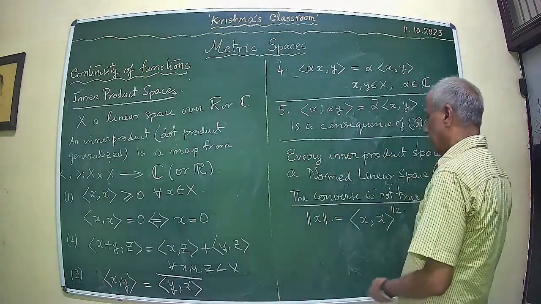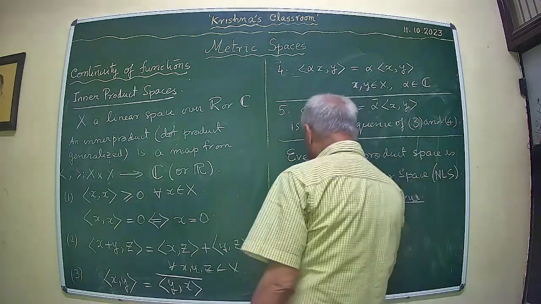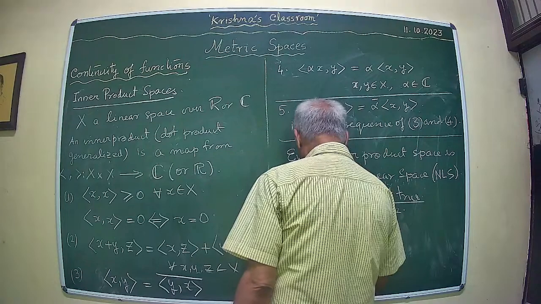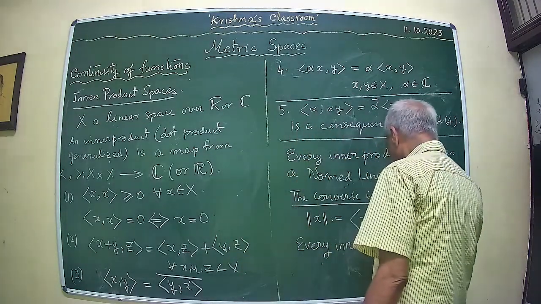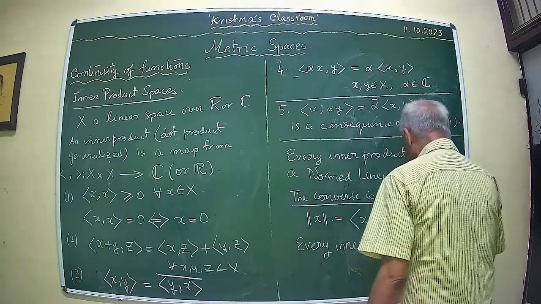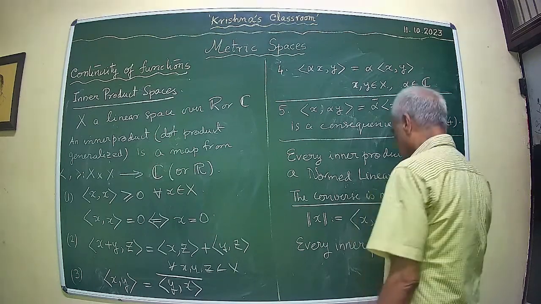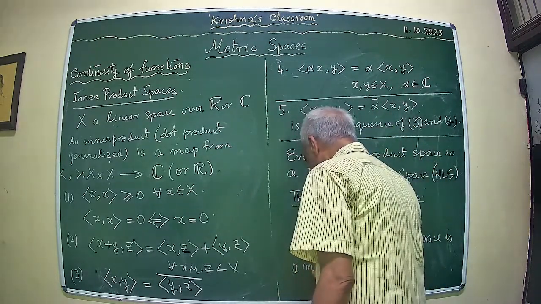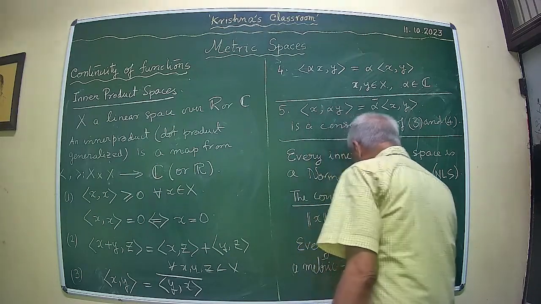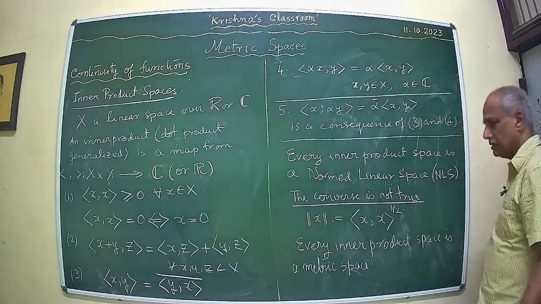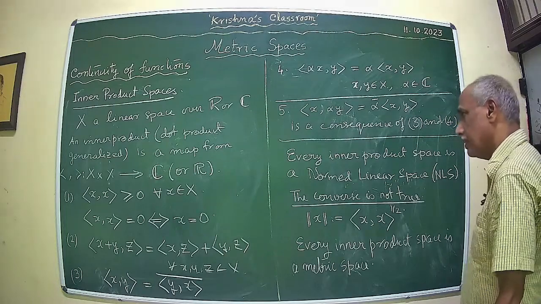Correct. Now what you have, so every inner product space is a metric space, because you know that every inner product space is a normed linear space, and every normed linear space is a metric space.